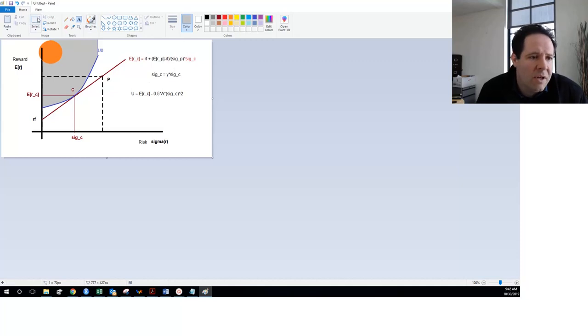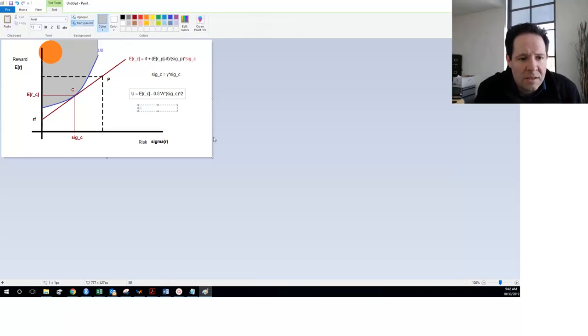If you go through some math with this functional form of the utility function, you'll realize that the slope of the indifference curve is the risk aversion parameter times the standard deviation of the portfolio. That's just something that pops out of our marginal rate of substitution formula.